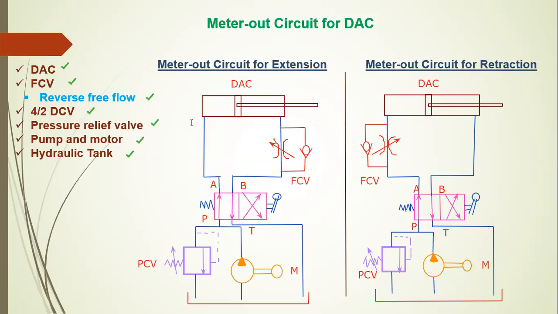Here we also give the names C and D on the other side, connected to a hydraulic working system component. Here DAC (double acting cylinder), FCV and PCV names are not required, but this notation A, B, C, D, P, T and M we must always mention in any hydraulic circuit.